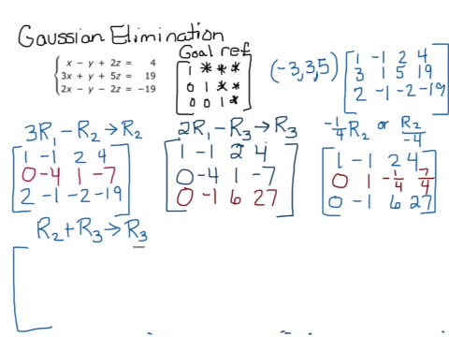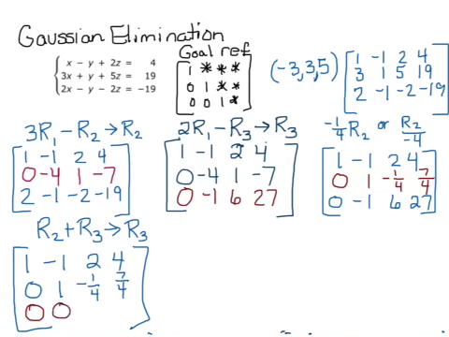So now row 1 is going to remain the same. Row 2 is going to remain the same. And the row that we're changing is that very last row. So 0 plus 0 gives us 0. 1 plus negative 1 gives us 0.